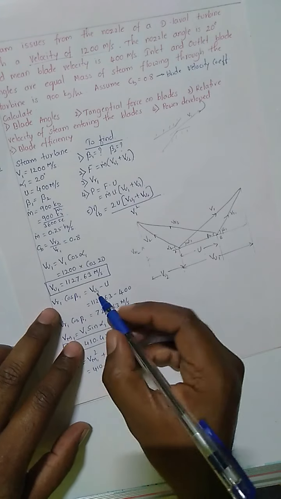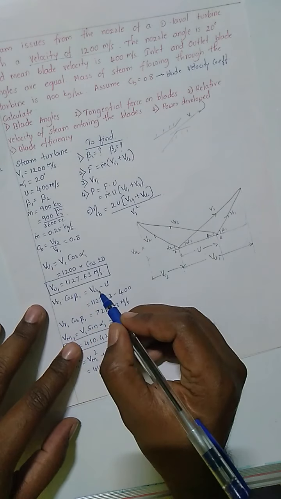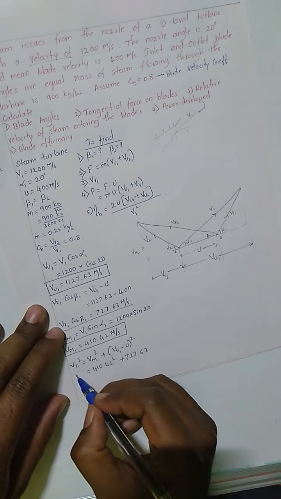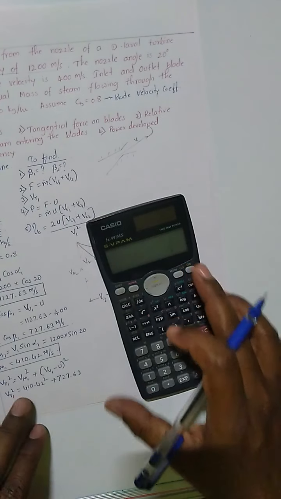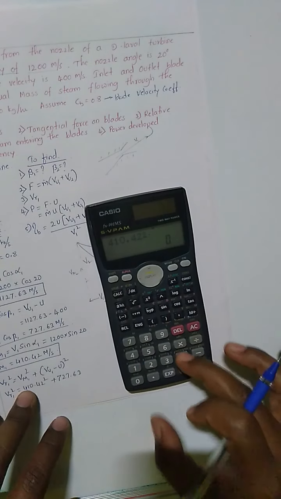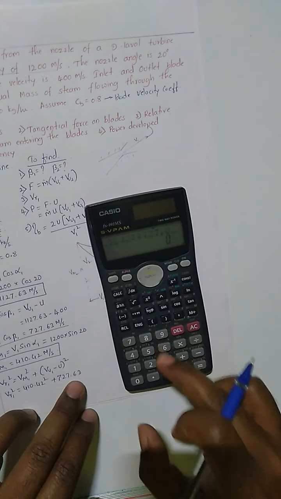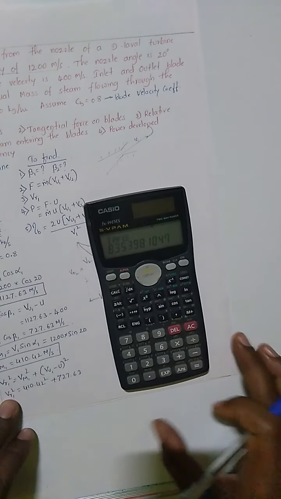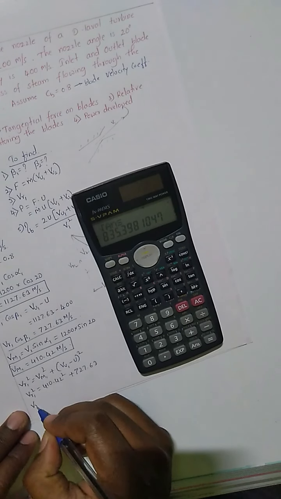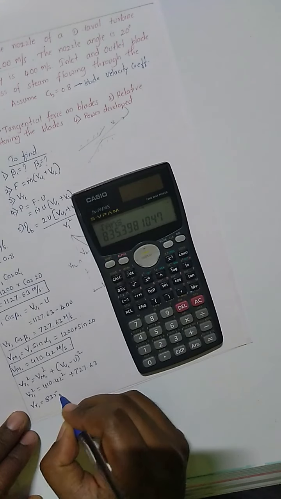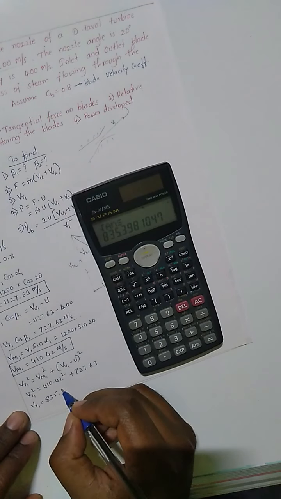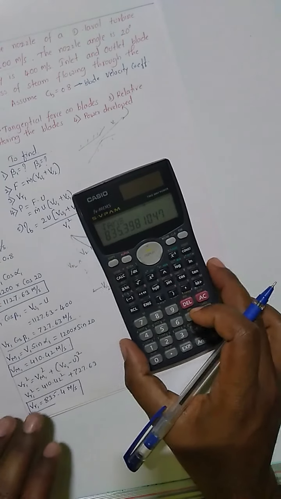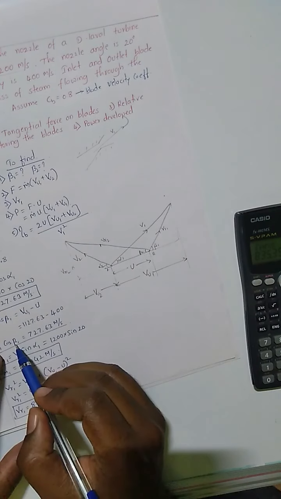VU1 minus U we have found here: VR1 cos beta 1 is VU1 minus U, which is 727.63. So VR1 square is 410.42 square plus 727.63 square, and if I take the square root of the answer, we get VR1 as 835.4 meters per second. We got VR1.